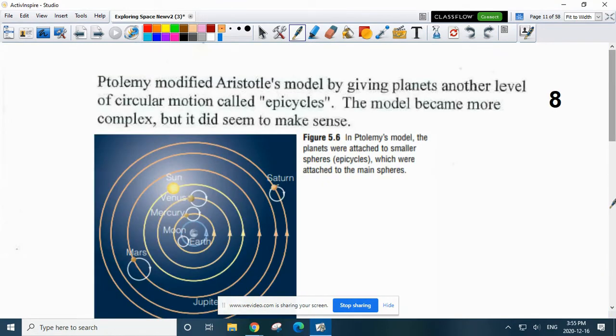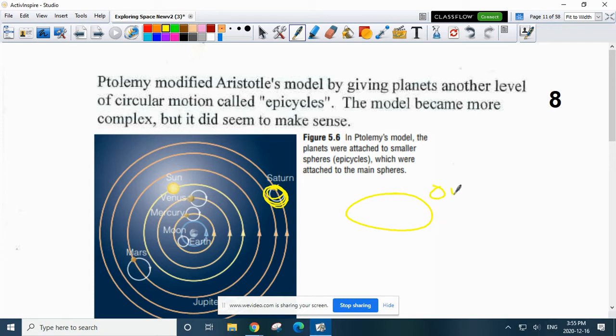Ptolemy comes along and modifies his model by saying the planets do another thing, is that they spiral as they move around. So what you end up with is the planets moving around the Earth, according to him, but also spiraling like this as they went along. So what happens if you take the motion of a circle and you put a spiral onto it?